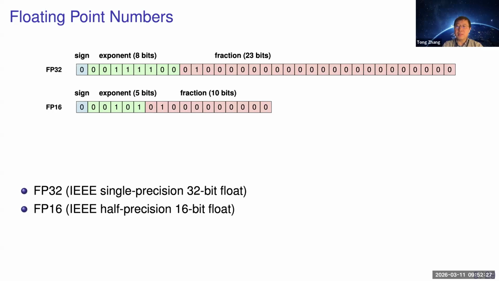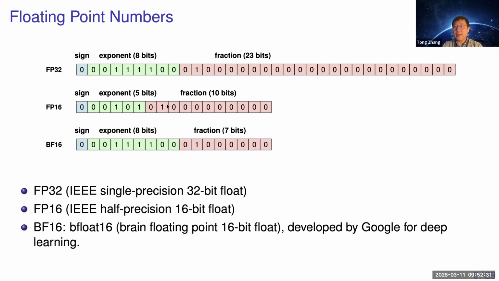Then later on, this is the IEEE standard. Then Google discovered and introduced the so-called BF16. It's a different way to represent 16 bits, right? Essentially, you have more range than precision. In machine learning, the observation is that precision isn't as critical.